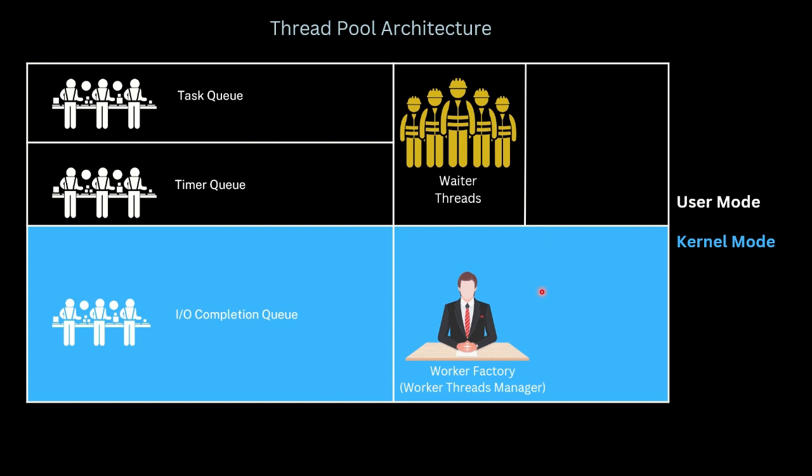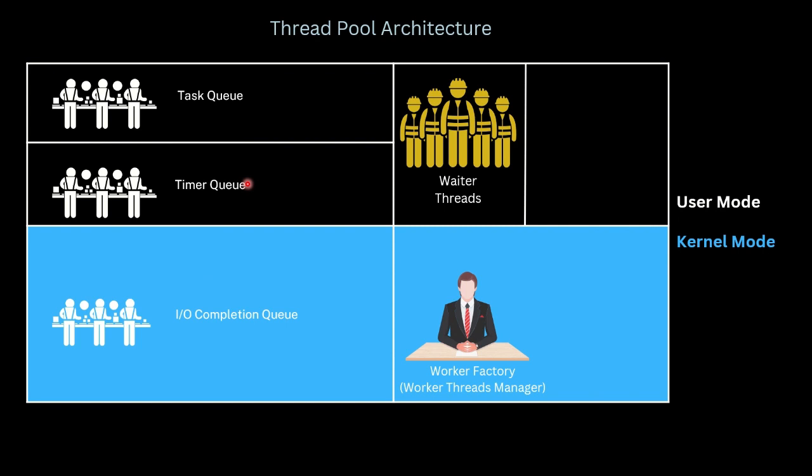Additionally, you have this object called the worker factory, which is acting like a manager to these workers. The primary responsibility of this worker factory is to make sure that there are always a sufficient number of threads available for running a process.